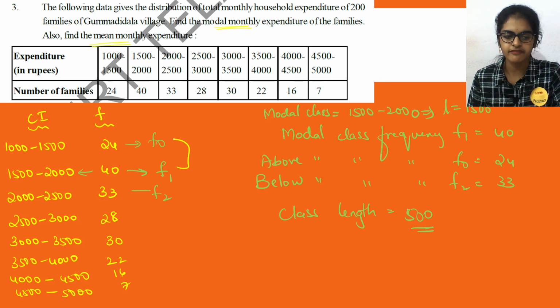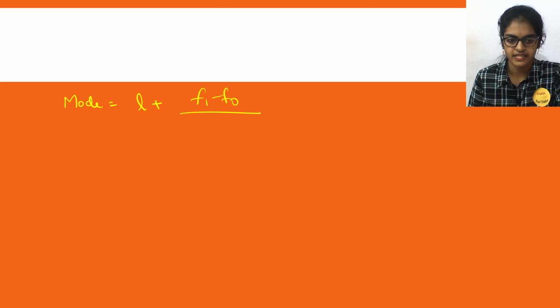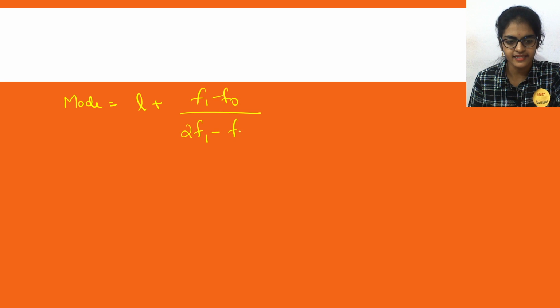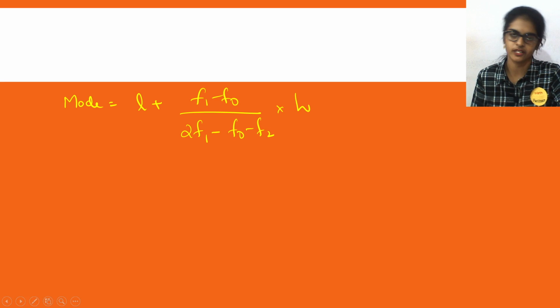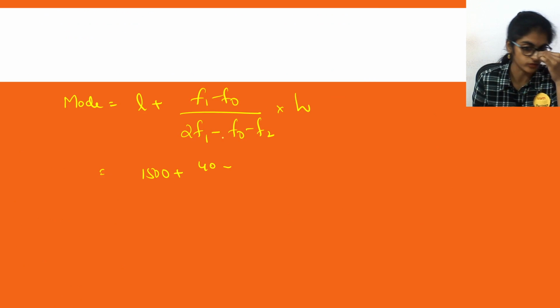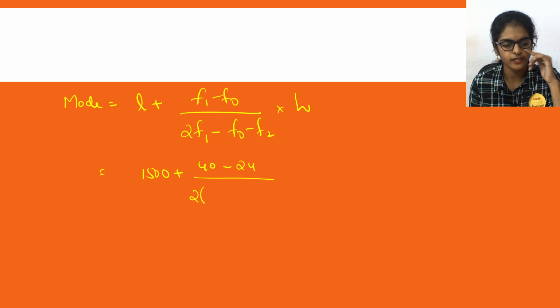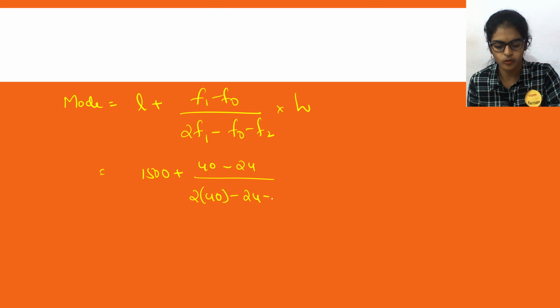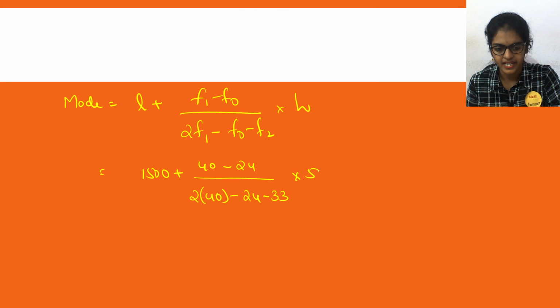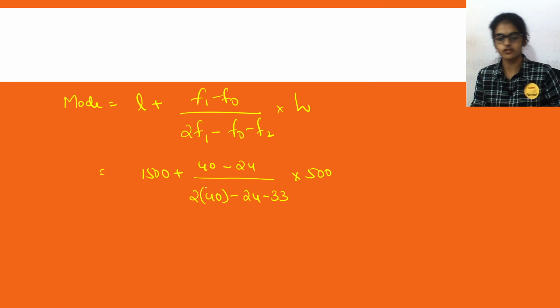Mode is nothing but L plus F1 minus F0 divided by 2 times F1 minus F0 minus F2, multiplied by H. That is equal to L is 1500 plus F1 is 40 minus F0 is 24, divided by 2 times 40 minus 24 minus F2 is 33, multiplied by H is 500. Class size is 500.